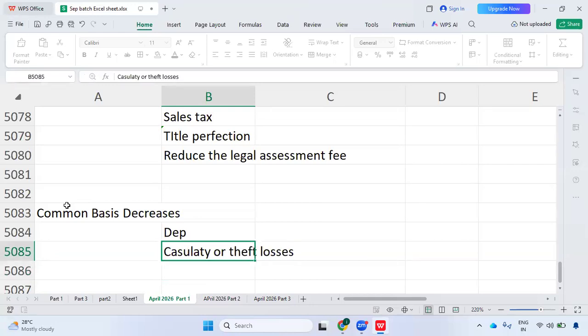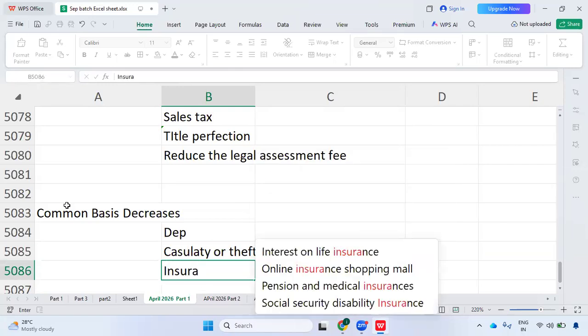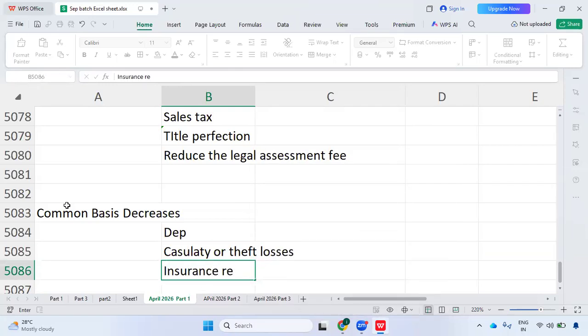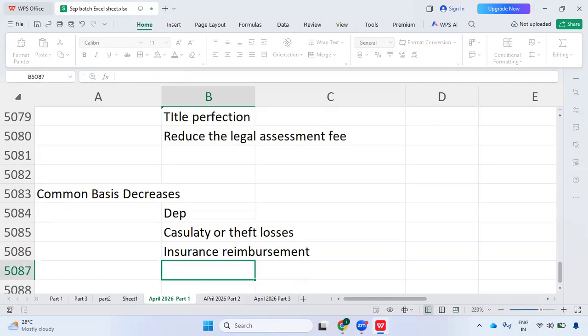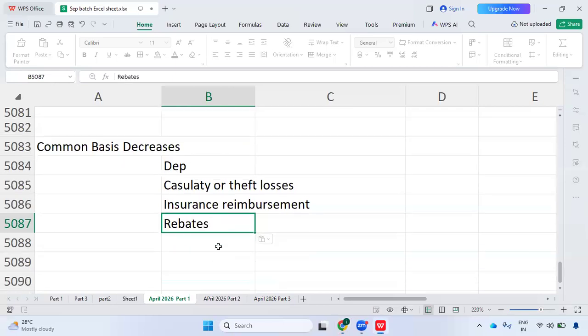If there is a casualty loss, that will impact the basis, so the basis will reduce to the extent of the loss. And also insurance reimbursement. If the taxpayer receives any insurance reimbursement, that will reduce the basis, and also any rebates.